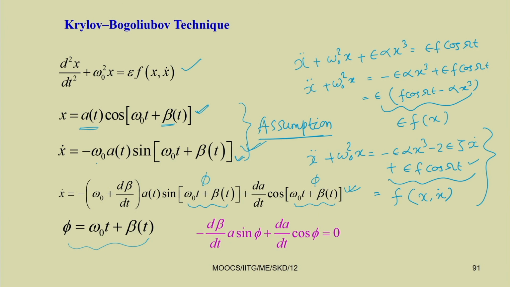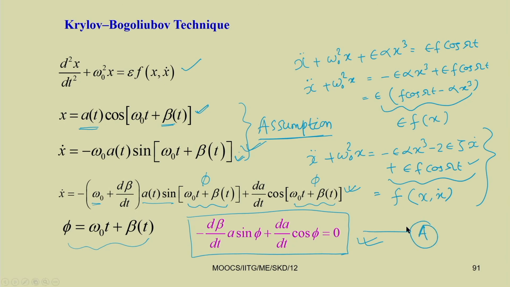You can take out the term minus omega 0 a sin phi, and the other remaining terms are minus d beta by dt into a sin phi and dA by dt cos phi equal to 0. Comparing these terms, easily we can write this equation. This is one useful equation which we will use later. Let me call this equation A.